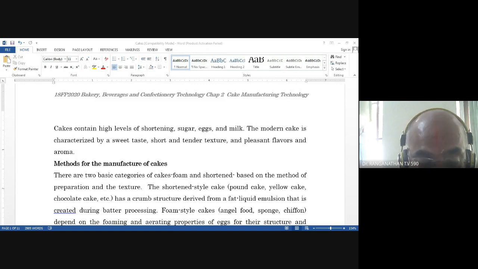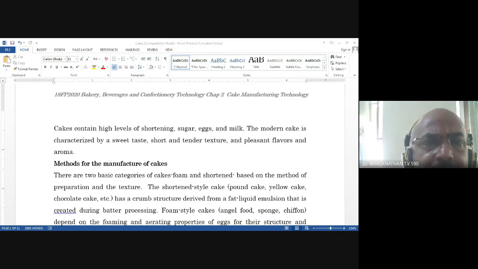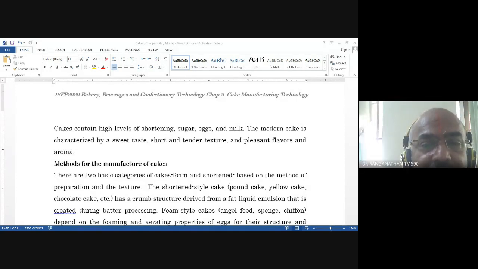Cracking texture, sir. It is not cracking, it is crispy. You have a crisp texture, crispiness is what you expect in the case of a biscuit. Whereas we don't expect such things in the case of a cake.